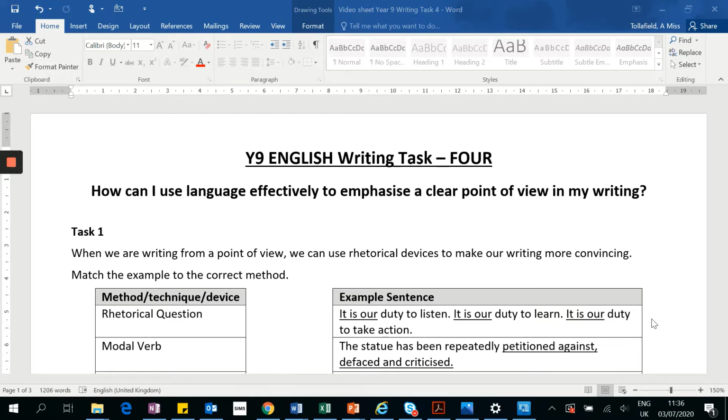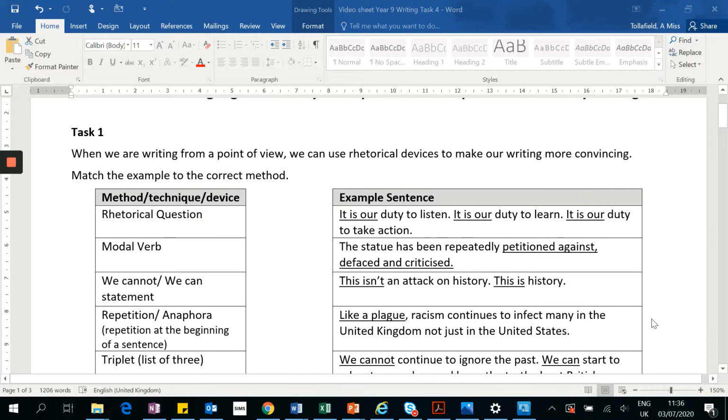The first task then we're going to look at is focusing on rhetorical devices. Now, rhetorical devices are also known as methods and techniques or just devices, so don't get confused. They all mean the same thing. These are the devices and methods that we can use to use our language to create a specific reaction from the reader. So, for example, when you're writing about something you are passionate about, you want the reader to be as passionate about the topic as you are.